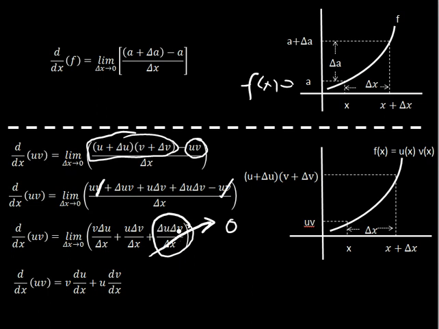They will get smaller much quicker than a singular term like we have down here on delta x. So in getting rid of this last term, we end up with the proof, if you will, for two functions multiplied together.